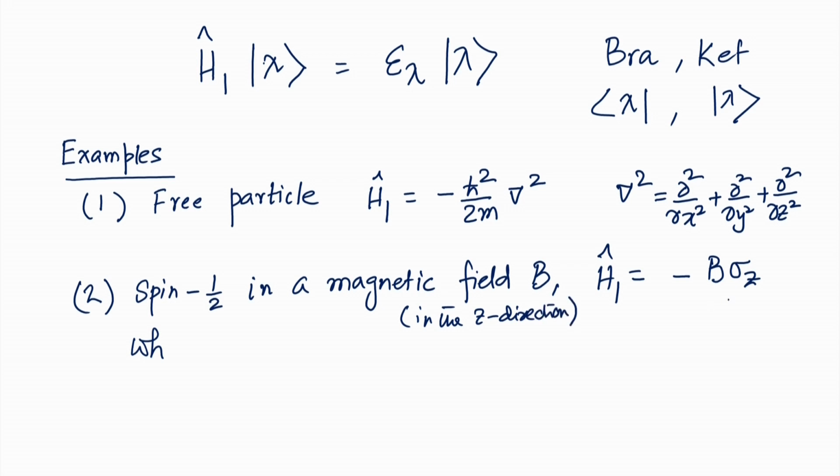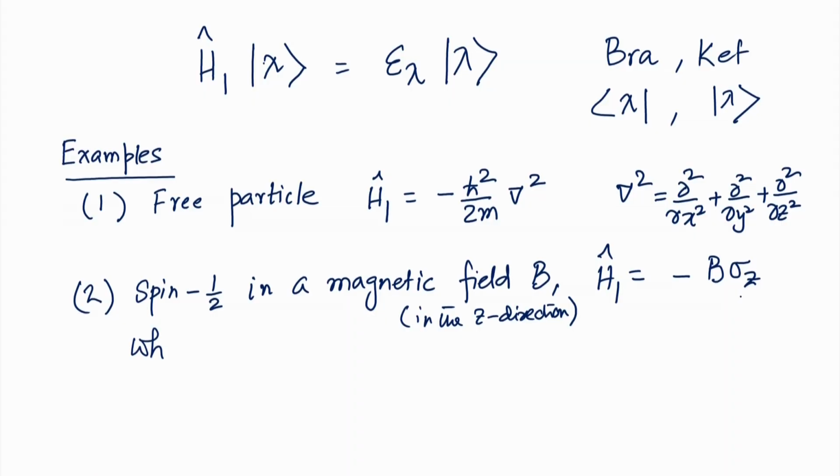That is why we have taken the z component of the spin matrix, which is a 2 by 2 matrix called a Pauli matrix. There are 3 Pauli matrices, sigma x, sigma y and sigma z, where sigma z is the Pauli matrix in the z direction.